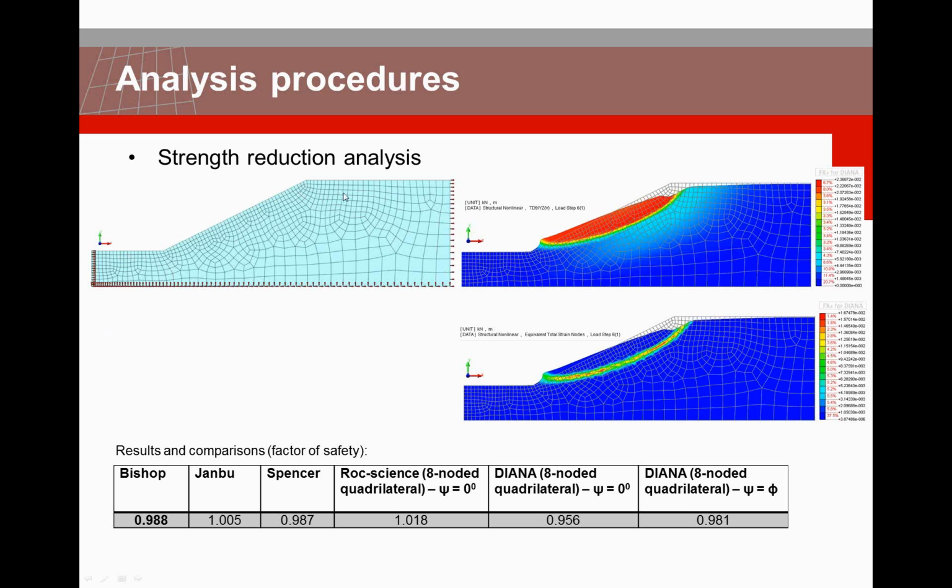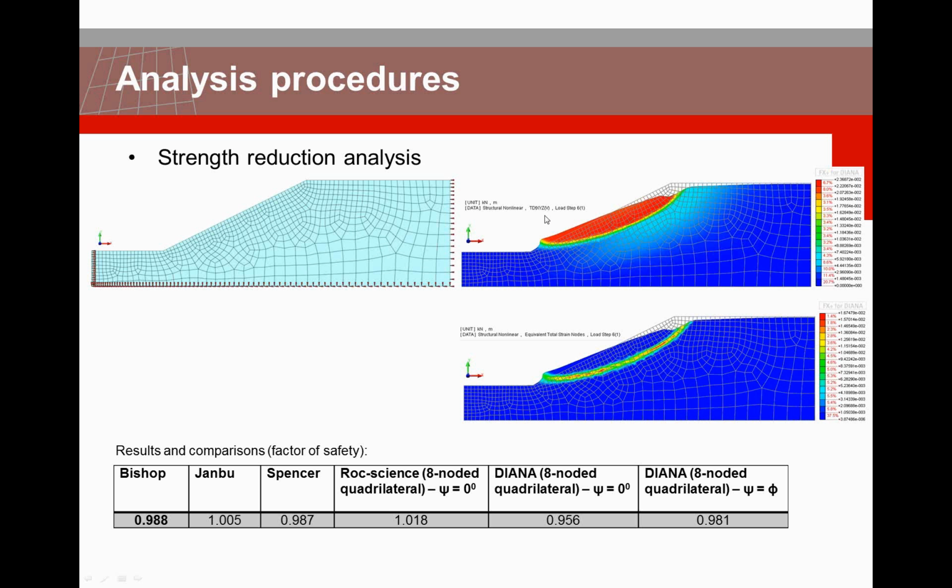Here you see a slope, which is a typical application for this kind of analysis with a user-defined cohesion and friction angle, and we reduce the cohesion and friction angle gradually until we have the factor that the stability of the slope is affected, and the slope comes down.